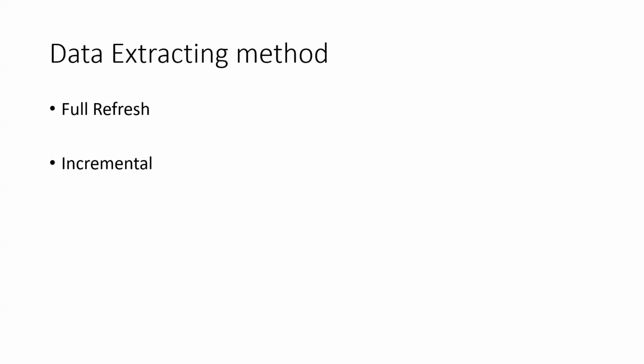The total 1,100 records will be pushed to my target in a single go. This is called full refresh. On a daily basis, I'll be truncating my target table and pulling all the records from the source table and pushing them to the target table. My source and target will be in sync, but I'll be doing a full refresh.